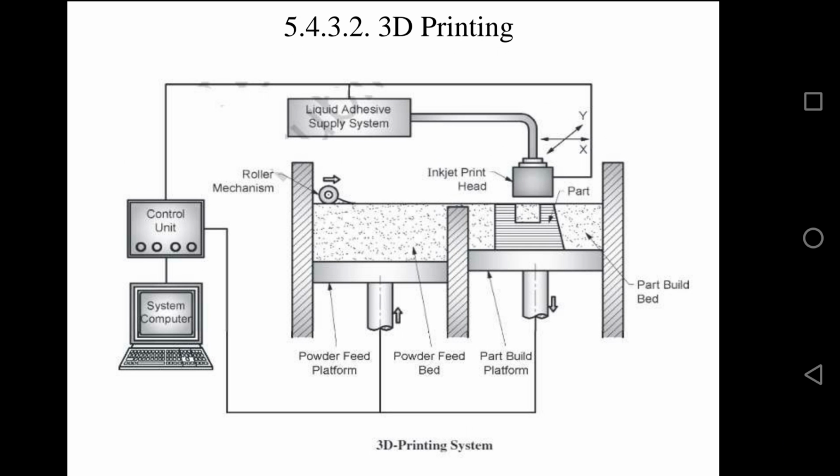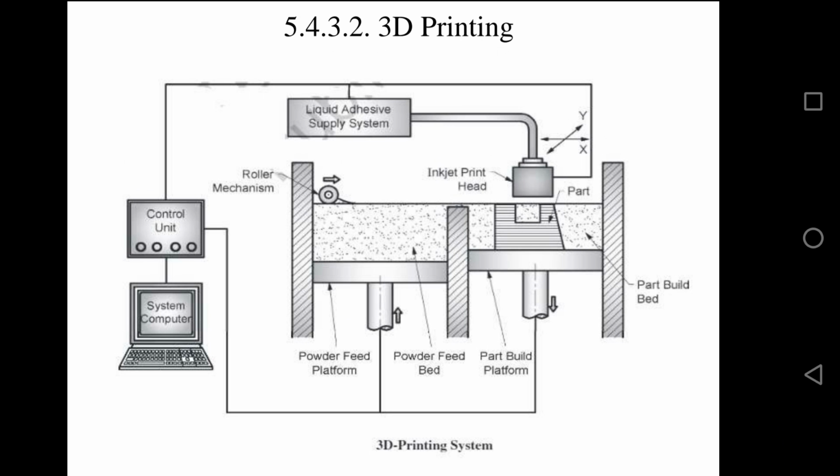After forming one layer, the part build platform is lowered by a depth equal to one layer thickness, same as in all rapid prototyping systems.